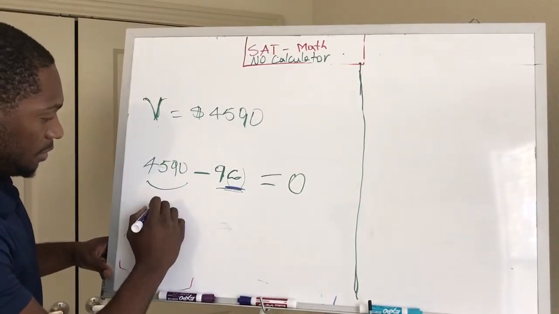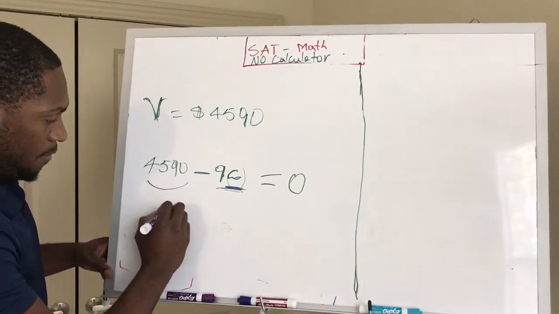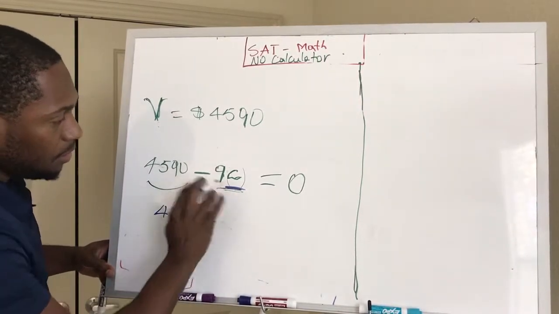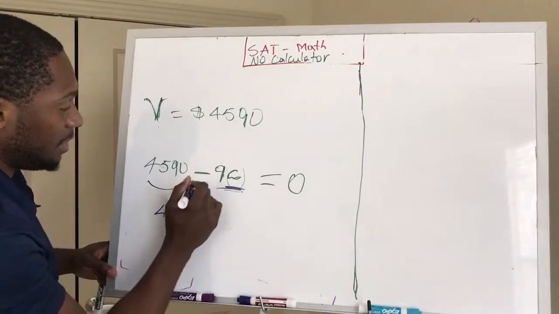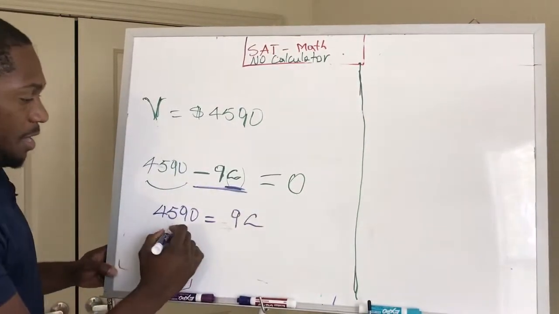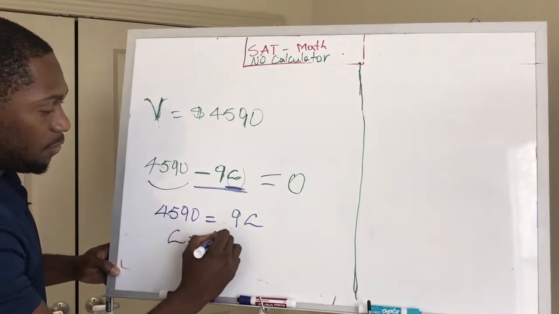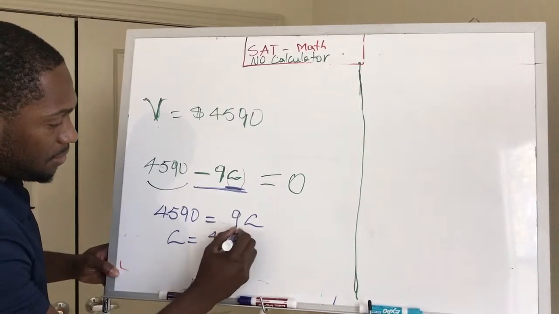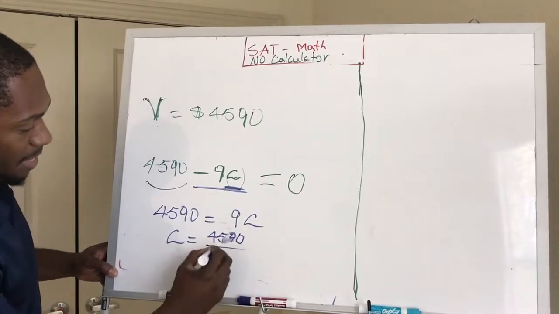So what we can do is take 4,590 and move this whole thing to the other side. It's equal to 9C. And solving for C, it is 4,590 divided by 9.